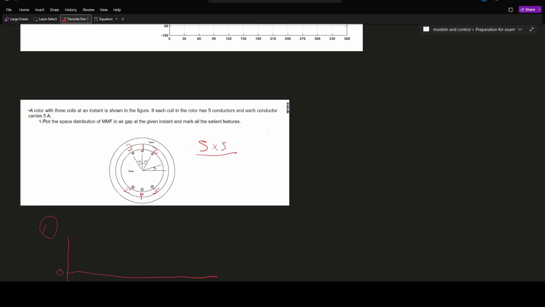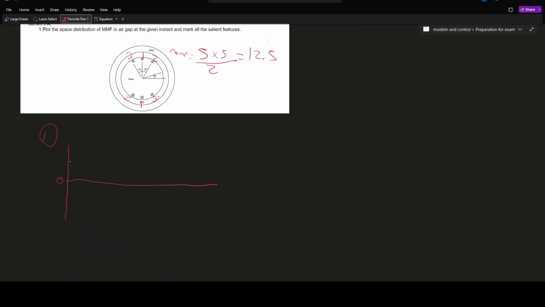And we know that the drop in the air gap, as we calculated before, is Ni over 2. So we divide this by 2. This is going to give us an MMF of 12.5. So here we have 12.5 and minus 12.5.